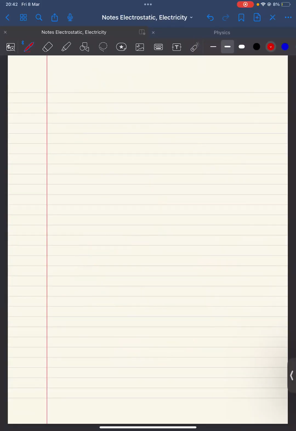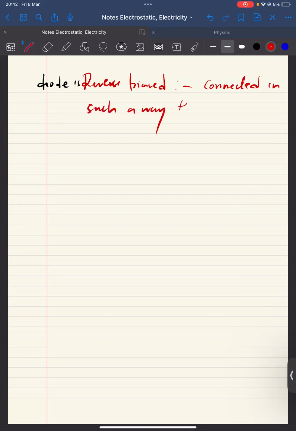The other one is said to be reverse biased. A diode is said to be reverse biased if it is connected in such a way that current cannot flow.